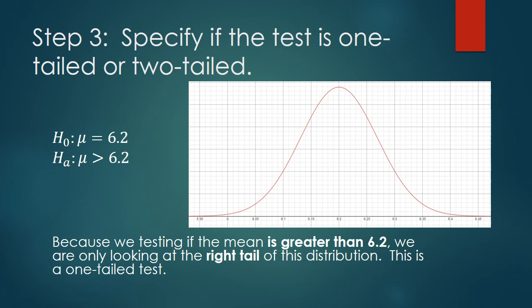Is our test one-tailed or two-tailed? So here, what we have is we have that normal distribution that represents the sampling distribution of the population means. So our population, if the null hypothesis is true, has a mean. Our valves have a mean pressure of 6.2 psi.